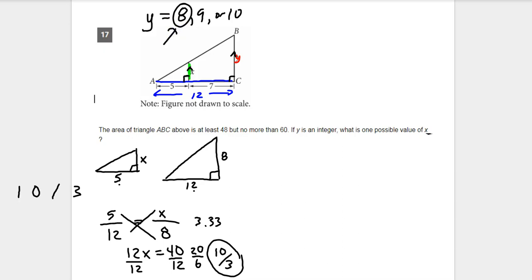Now we need to change it and say, what if this is a 9? Because we established that 9 could give me the right area too. Same setup: little base, big base, little height, big height. You cross multiply and get 12x equals 45.